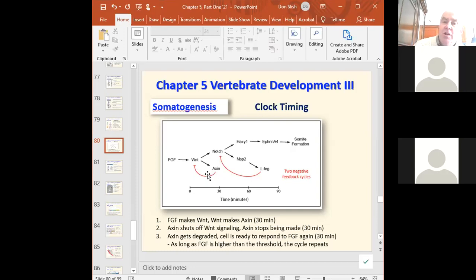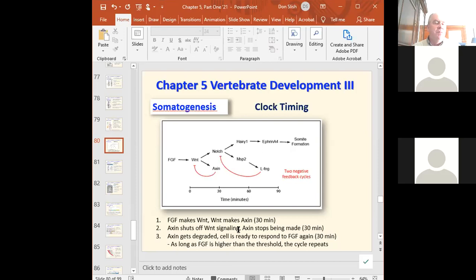When it gets destroyed, then these cells are competent to express Wnt, so FGF causes Wnt, which causes Notch, which then inhibits itself, so it comes down again. So you've got this cycling of going up and going down because it stimulates the production of its own inhibitor. And that whole cycle of inhibition takes time, right?